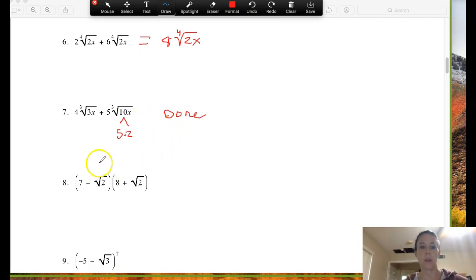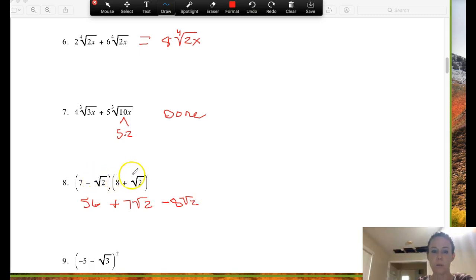All right. Let's go ahead and look at this one. This is a multiplication problem, and this is just FOIL. Treat the roots like variables. So FOIL it out. First term, so 7 times 8 is 56. Then you're going to go outer, plus 7 times root 2 is 7 root 2. Then inner, negative root 2 times 8 is negative 8 root 2.